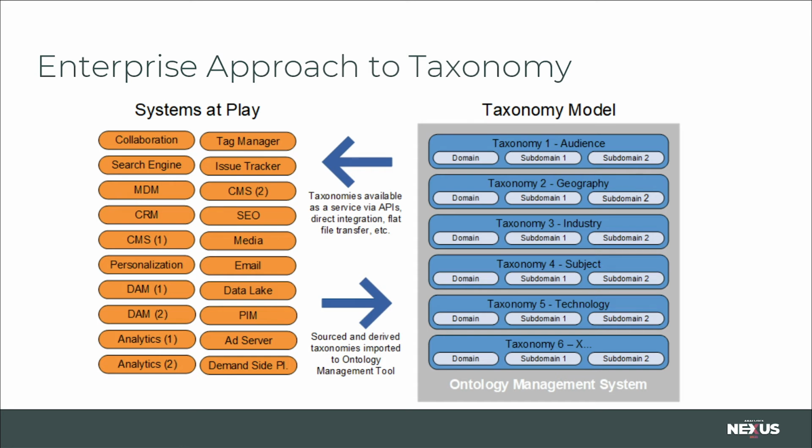And these domain taxonomies serve up derivatives to each system depending on the need of the channel. So here you see the main domain taxonomy, and then subdomain 1 is one derivative, subdomain 2 is another derivative, etc., that then moves into the systems at play.